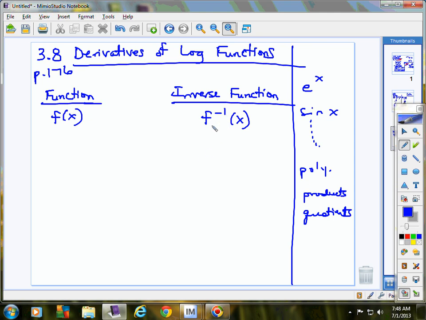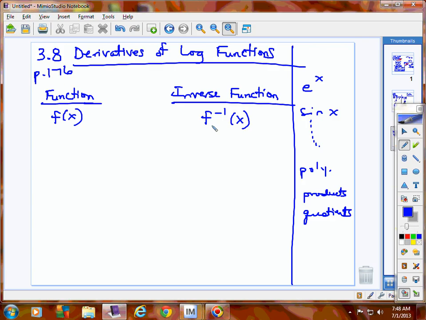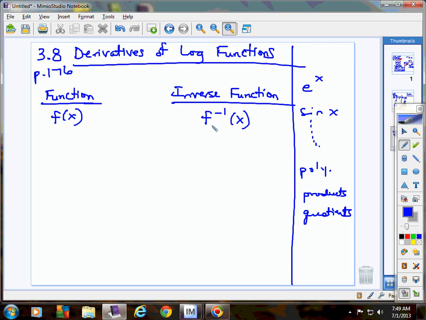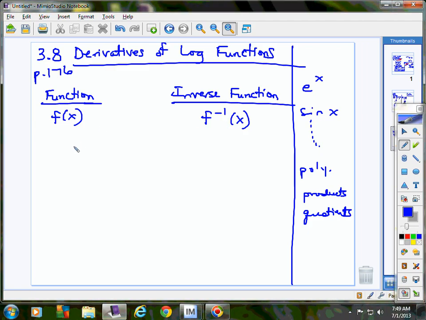And there were about 5 or 6 steps you'd go through in chapter 2 in math 112 to find the inverse of a function. You'd have to be sure it was a 1-to-1 function, and then you'd have to rewrite f of x as y, switch x and y, solve for y, change y back into f inverse, and then check the domain and range to see if those matched up. So there were a good many little steps there. Just remember in the notations what I want us to see here.